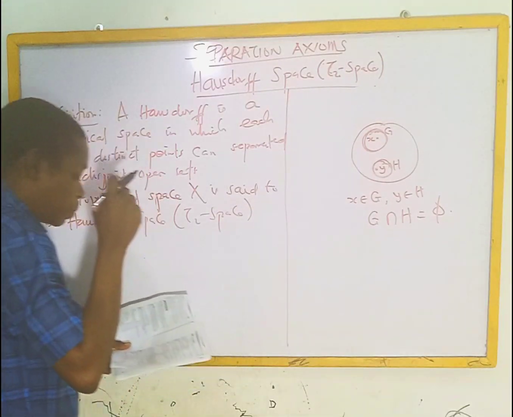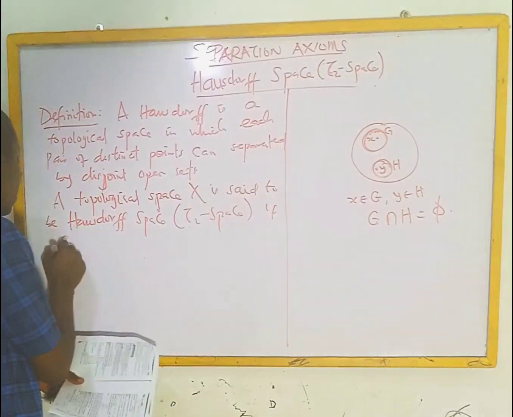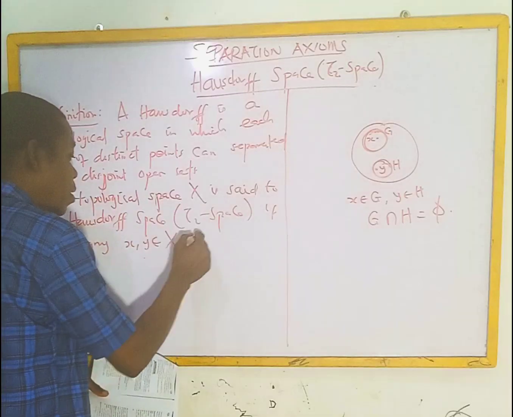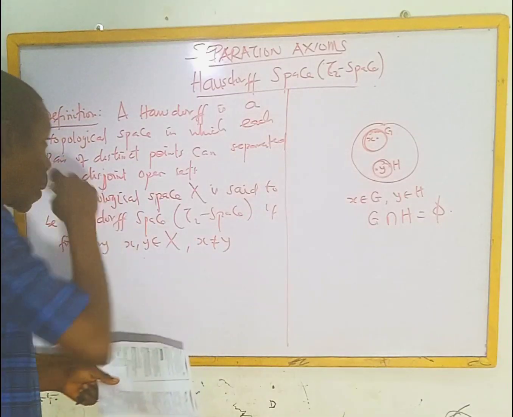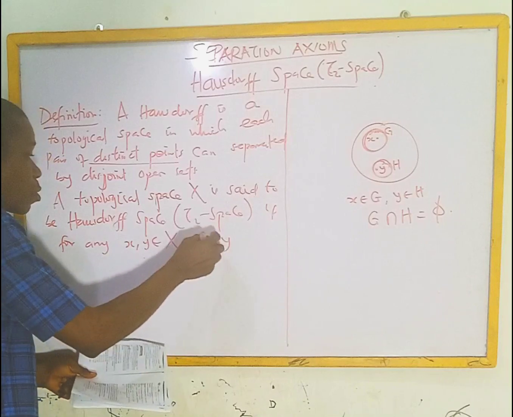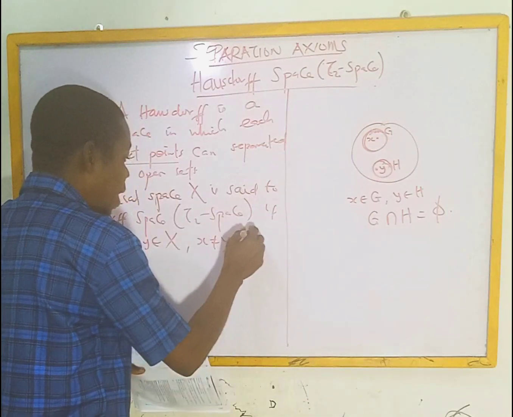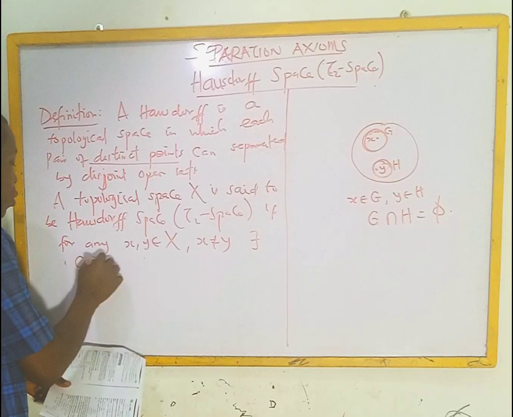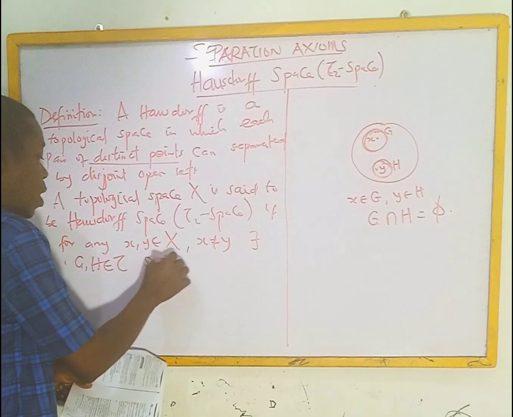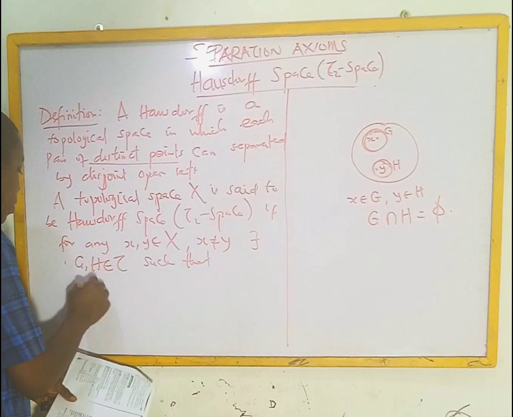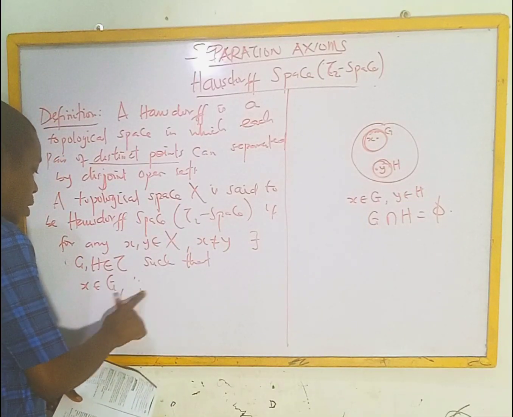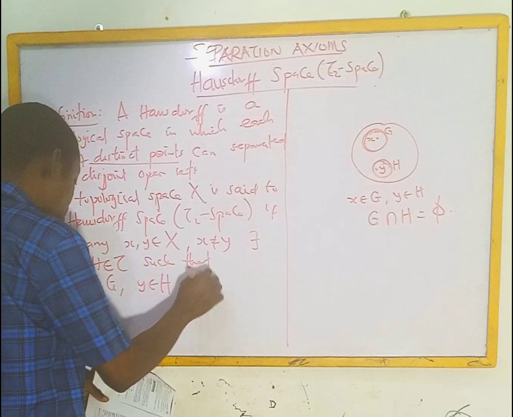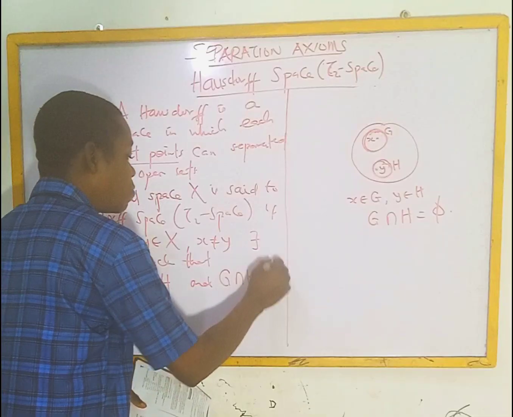If for any pair x, y in X such that x is not equal to y, there exist open sets G and H in Tau such that x is in G and y is in H, which implies that G intersection H is an empty set.